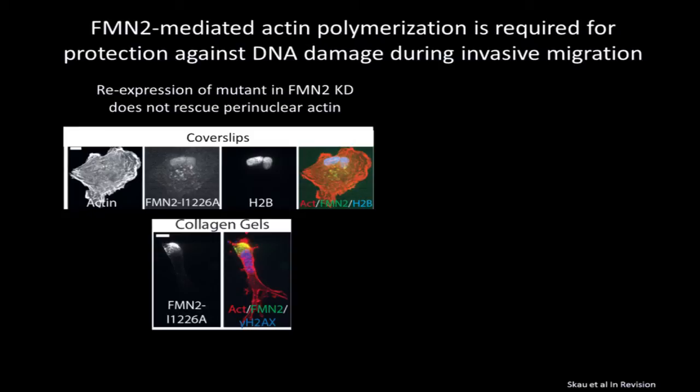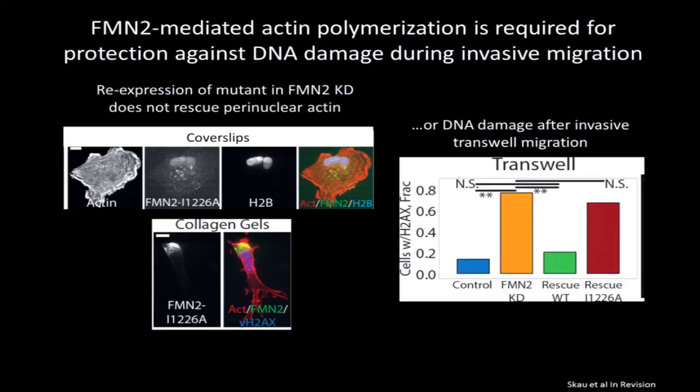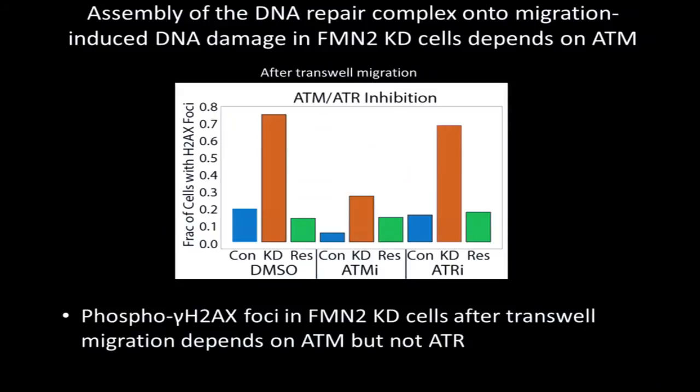So we think that it is specifically getting rid of these stress fibers that surround the nucleus, and it can't rescue the DNA damage that's induced by sticking these cells through a transwell. So the actin polymerization activity and the formation of these stress fibers is required for protecting the cell against DNA damage when it is undergoing an invasive type of migration.